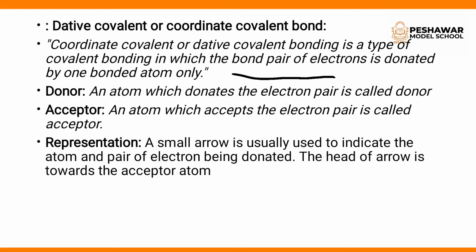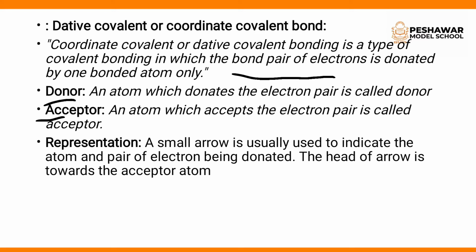Now in the coordinate covalent bond, usually two types of atoms are studied. One is called the donor atom and the second is called the acceptor atom. What is the meaning of donor? Donor means to donate. To donate what? To donate electrons.